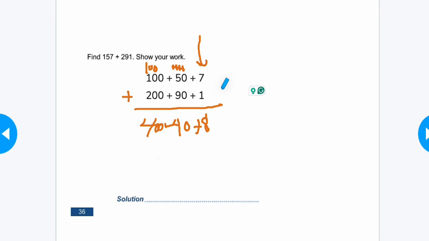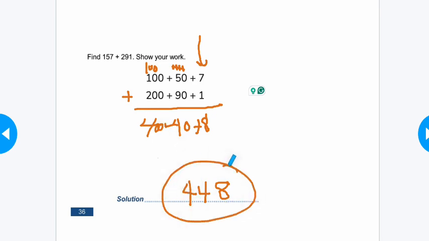So now I'm going to go ahead and add the 440 plus 8. So I'm going to have an 8 in the ones place value, a 4 in the tens place value, and a 4 in the hundreds place value. So I'm going to get 448.